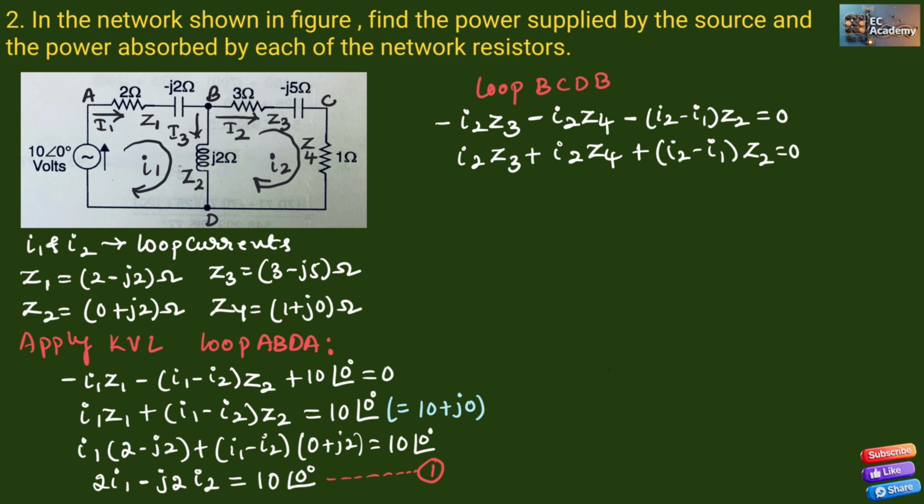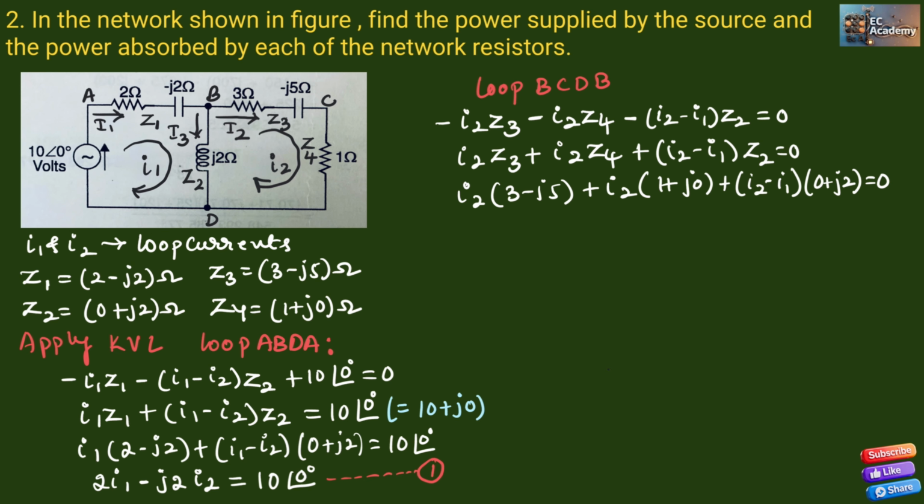If we substitute the impedance values, we can write this as I2 into (3 minus J5) plus I2 into (1 plus J0) plus (I2 minus I1) into (0 plus J2) will be equal to 0.